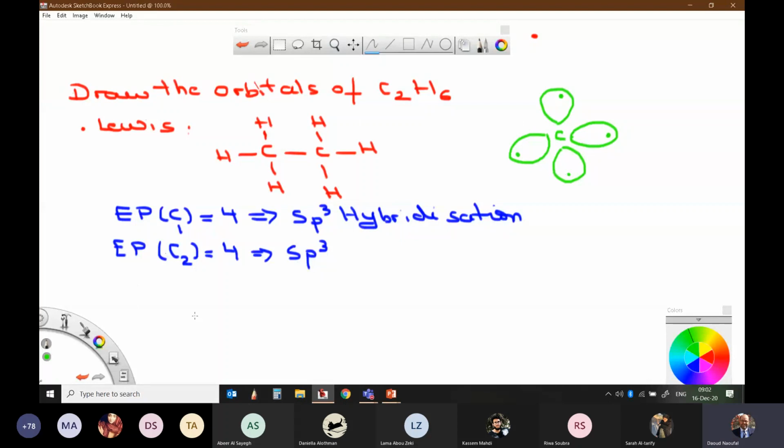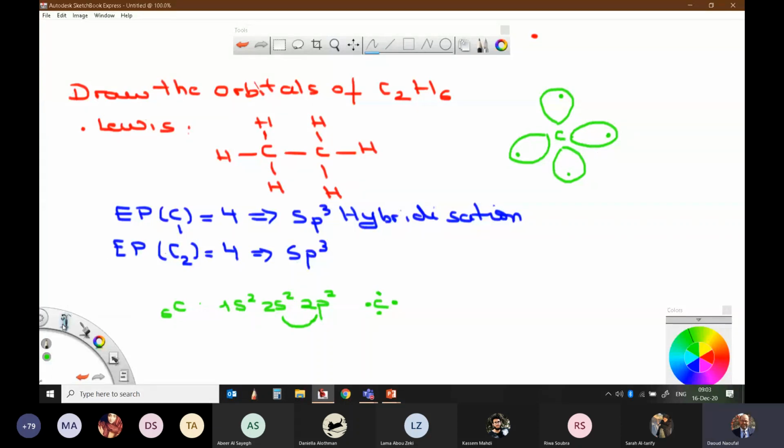Since the carbon 6 is 1s2, 2s2, 2p2, we will have a fusion of S with P, okay, and we obtain the carbon. We have 4 singles around. Now we have to see what is the number of bonds.